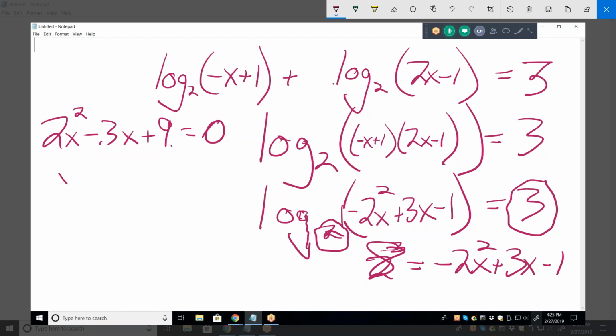So I get x equals 3 plus or minus the square root of 9 minus 4 times 2 times 9. Not only that, it's an imaginary solution. Oh. Something is wrong here.